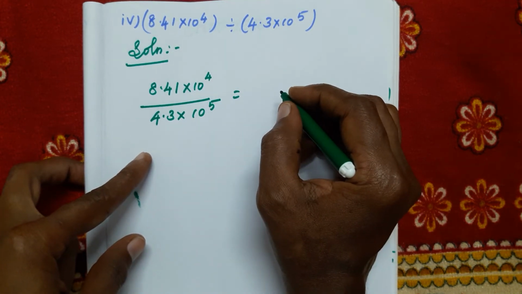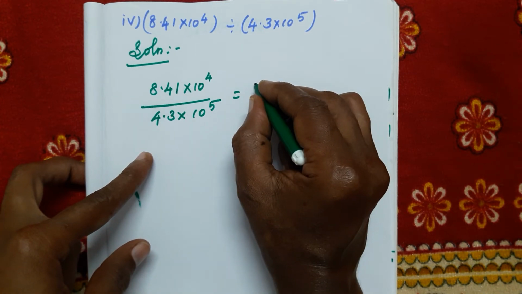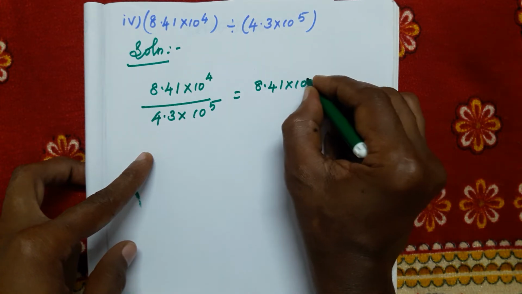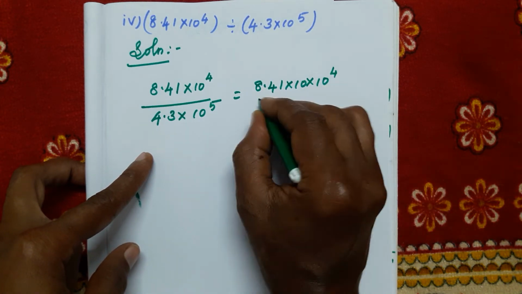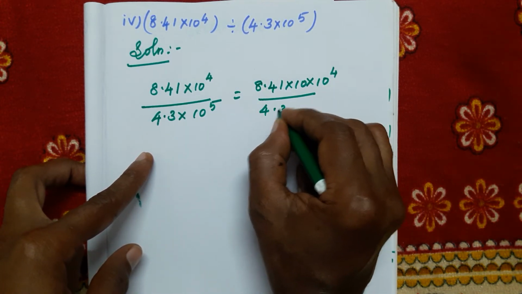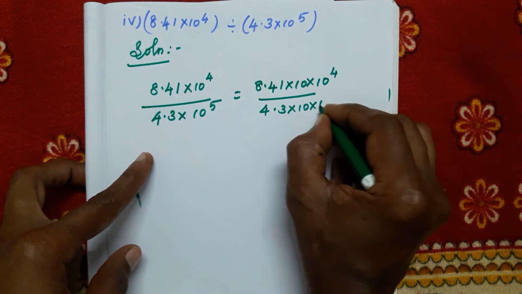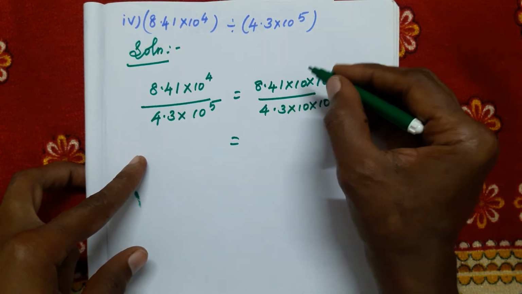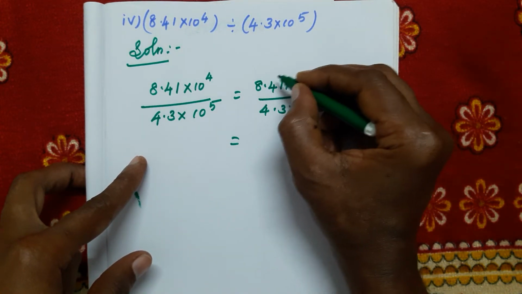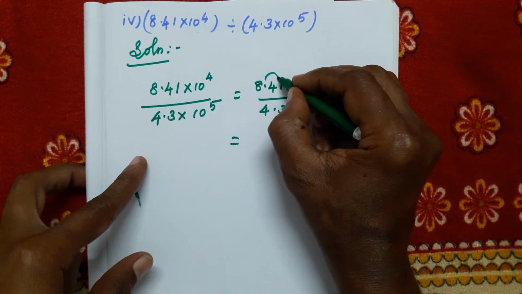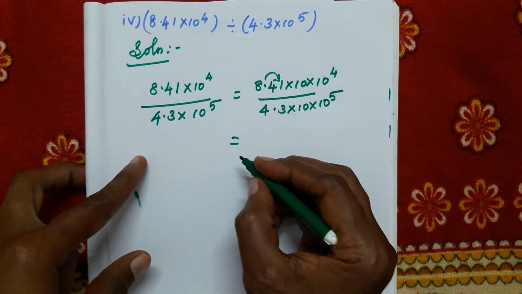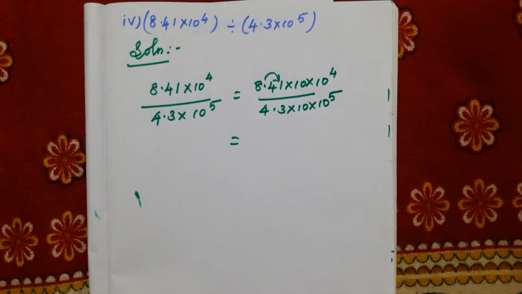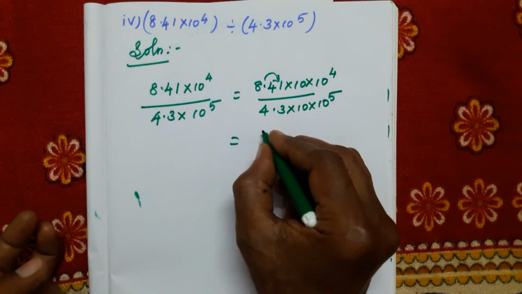When we are multiplying 10 in the numerator and denominator, what we are getting? 8.41 into 10 into 10 power 4 divided by 4.3 into 10 into 10 power 5 is equal to, moving here, multiplying with the 10 means we can move the decimal point 1 digit right. Okay.